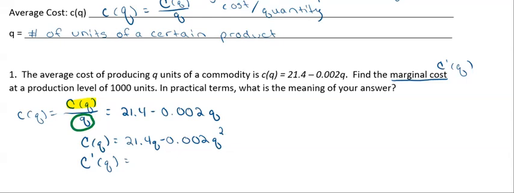Then we can take the derivative. The derivative becomes 21.4 minus 2 times all of this, bringing down your power by 1, so that'll be 0.004 Q. So what does it say? It says to find the marginal cost at a production level of 1,000 units. So that means Q is 1,000.